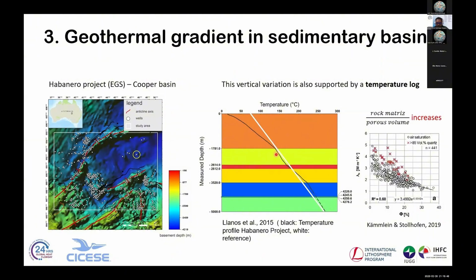Of course, we have some variations when we change from layer to layer, but the general trend is decreasing with depth. So if we consider that this is occurring because of compaction, we have to think about this relationship. The rock matrix to porous volume ratio is increasing. It means that thermal conductivity increases at depth.